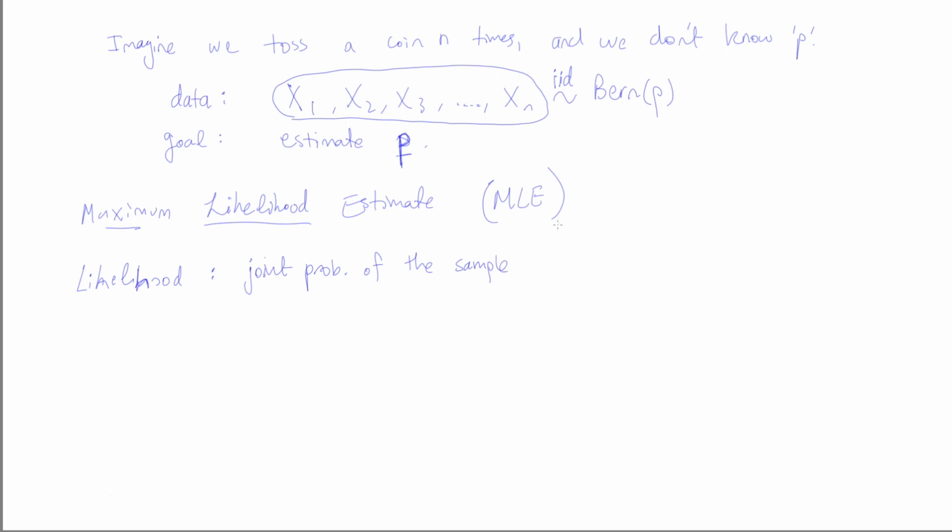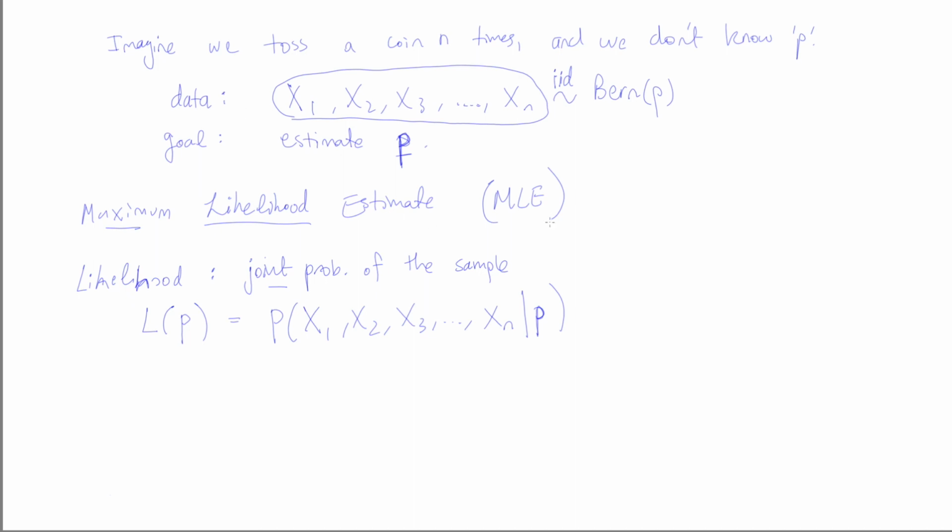We write the likelihood as a function of the thing we're trying to estimate, and it's just the joint probability, the probability of seeing the sample X1, X2, X3, up to Xn. And just to be really clear, I'm going to write L of p to make you realize that this is a function of p.